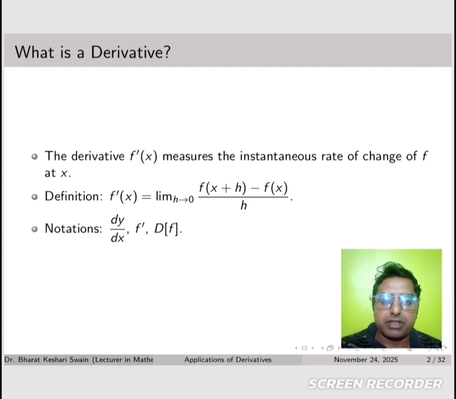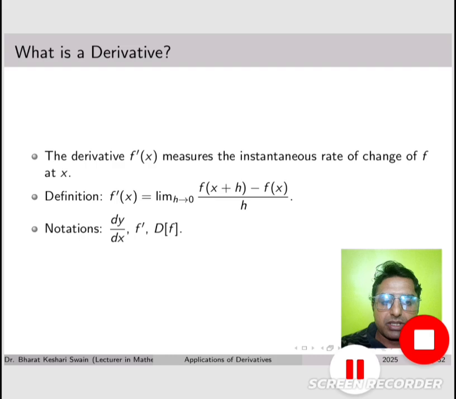What is a derivative? Already we have discussed in the previous classes that the derivative f dash x measures the instantaneous rate of change of f at x. This is the first derivative, that is, derivative with respect to x.